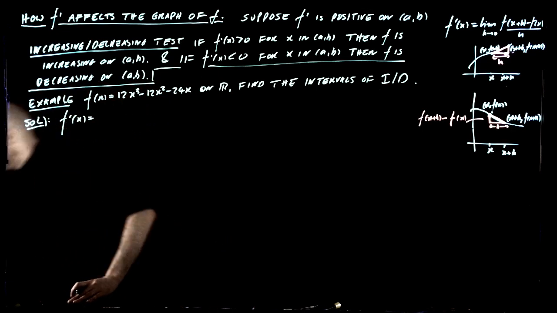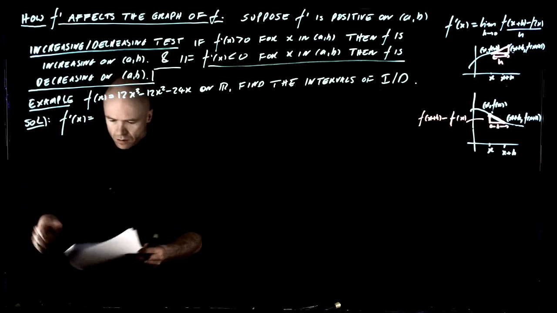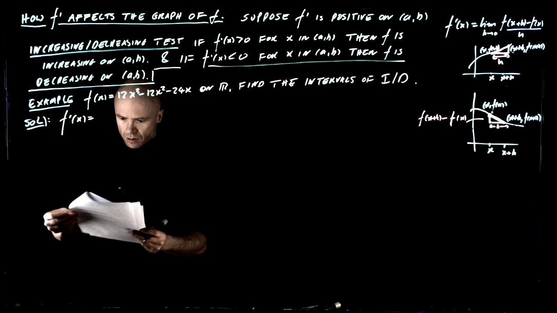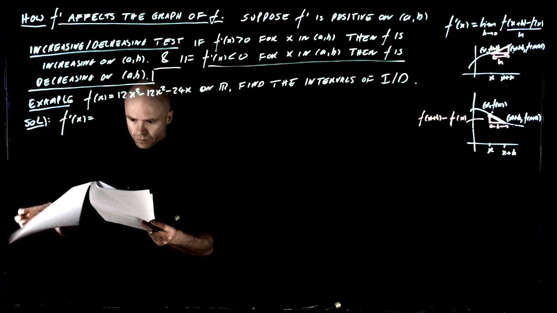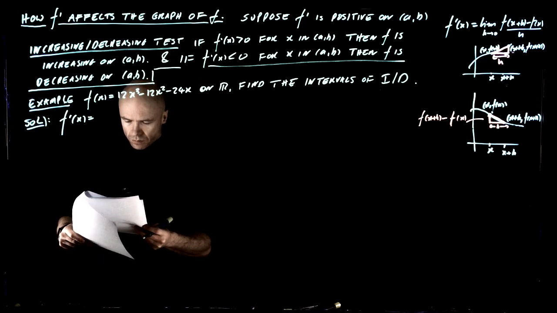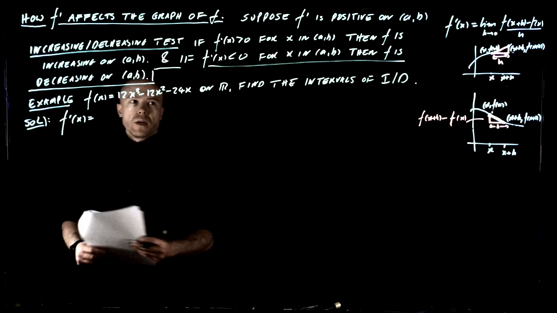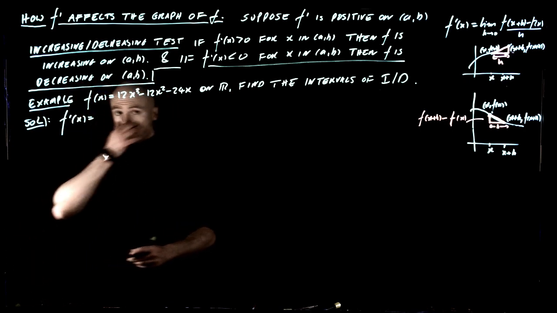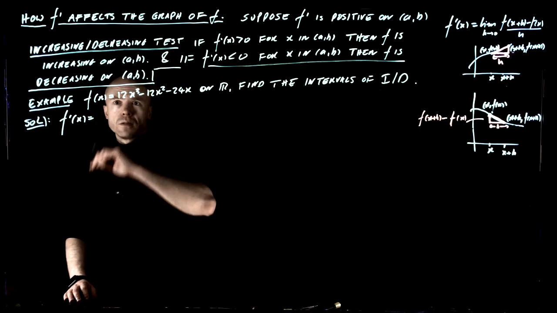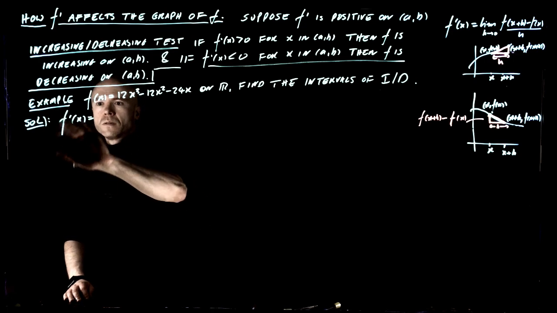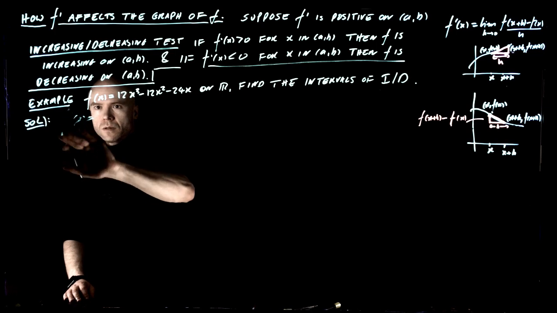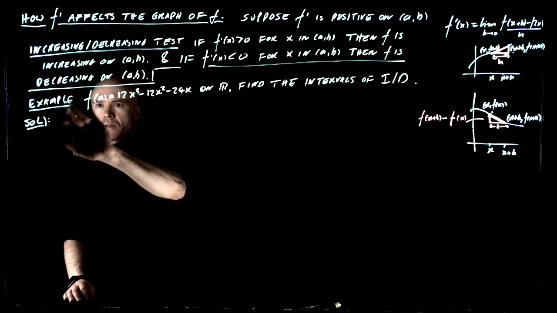Let me check I got the numbers right, because that looks like a rough thing to calculate. I didn't get the numbers right, because this isn't the function, it is a derivative. So, example. Let's write that again.